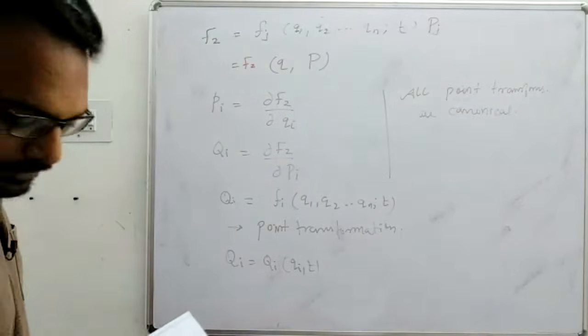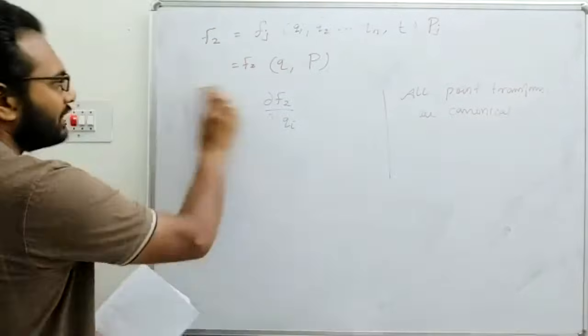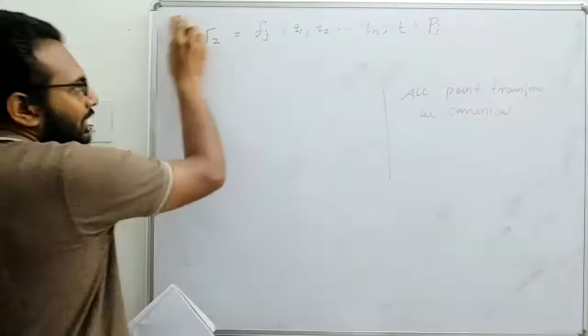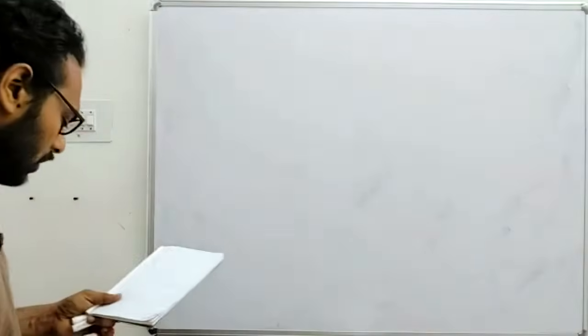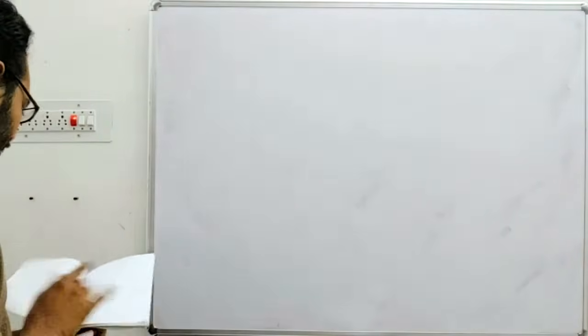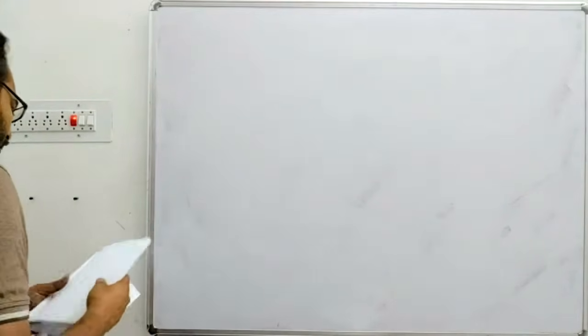In the sense that if the new coordinates are functions of the old coordinates alone, then all point transformations are actually canonical. There are more details about that, but we don't do that.